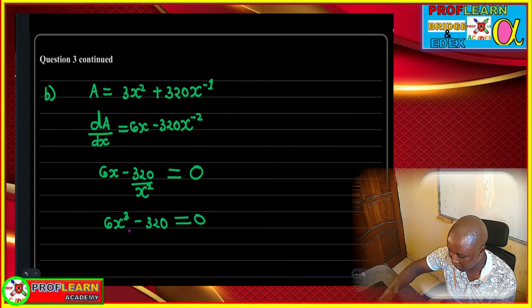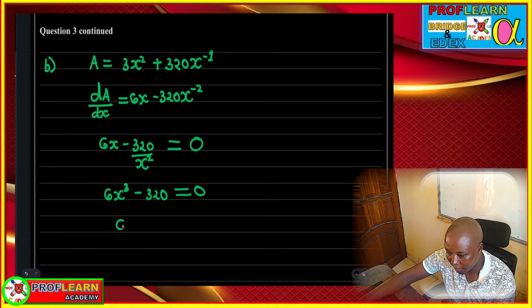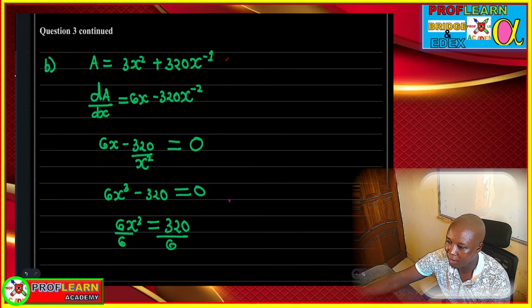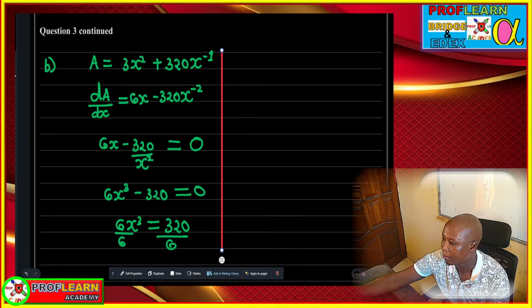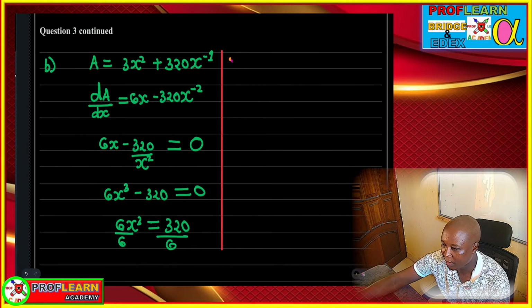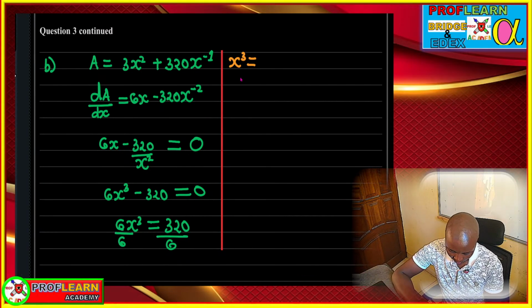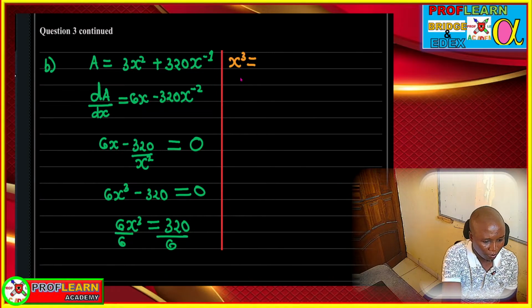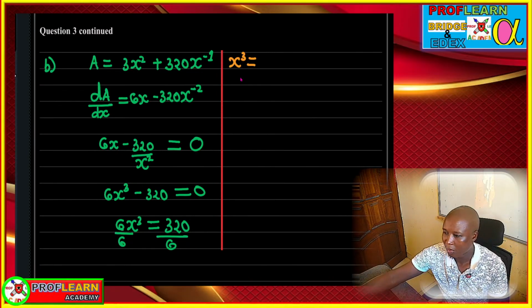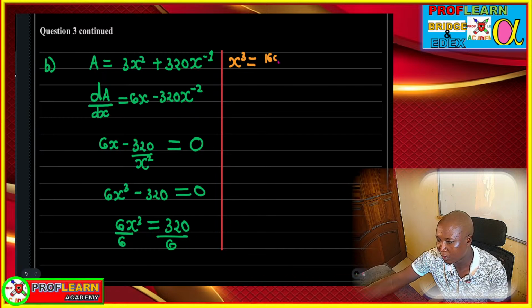We take that to the other side, so that we have 6x cubed is equal to 320, and divide by 6, which means x cubed is equal to 320 divided by 6, which translates to 160 over 3.